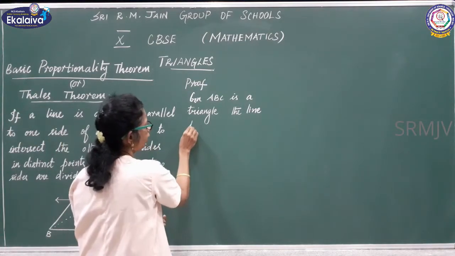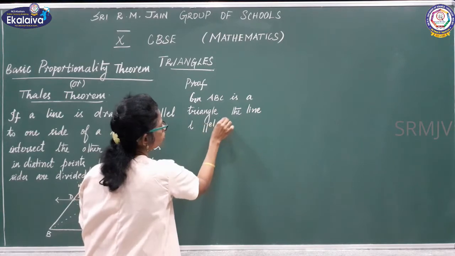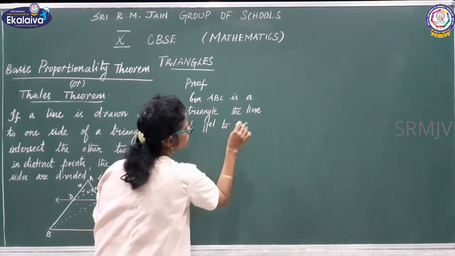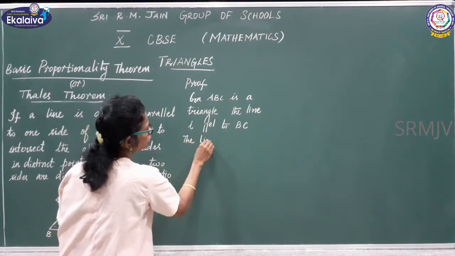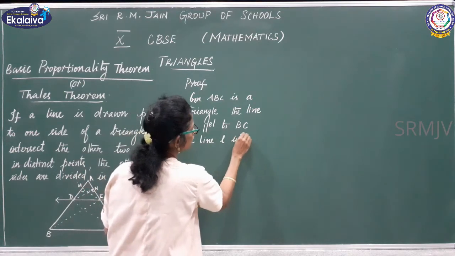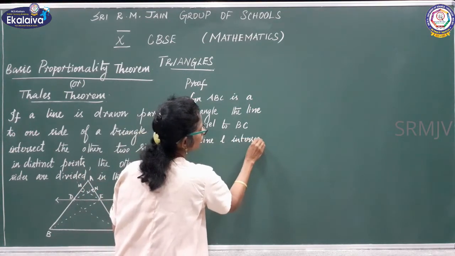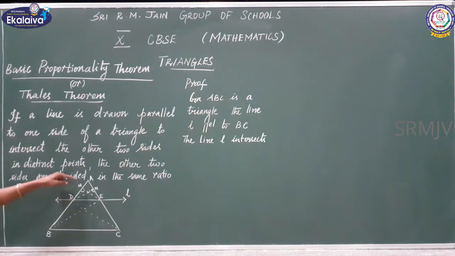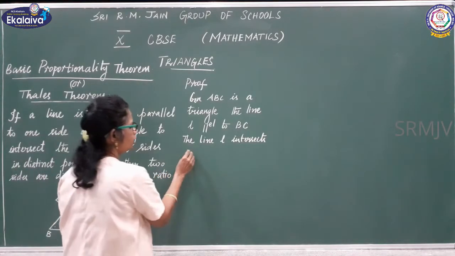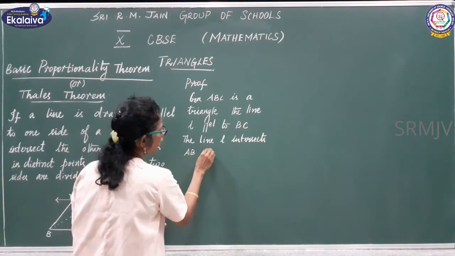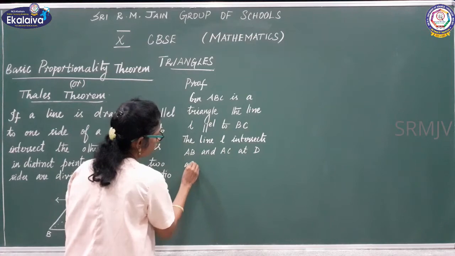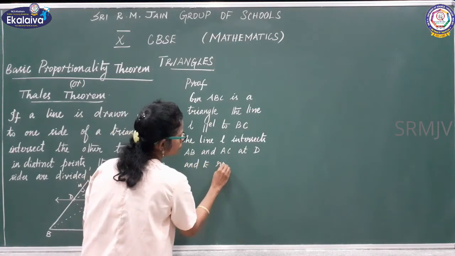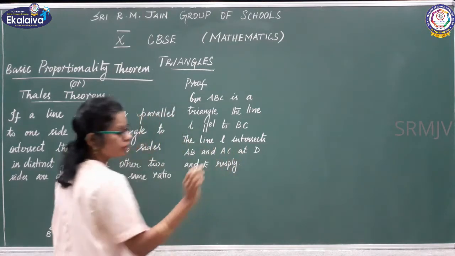The line L parallel to BC intersects AB and AC at D and E respectively, right?